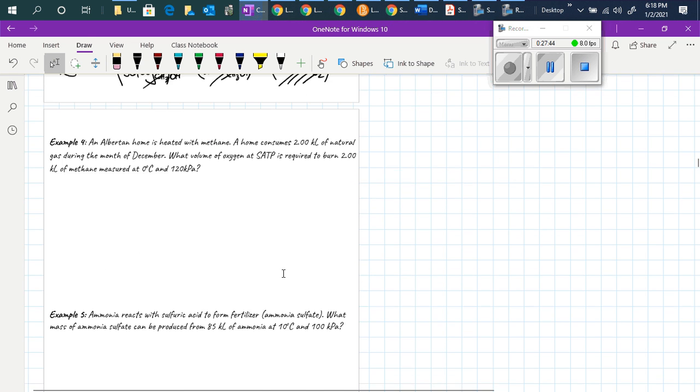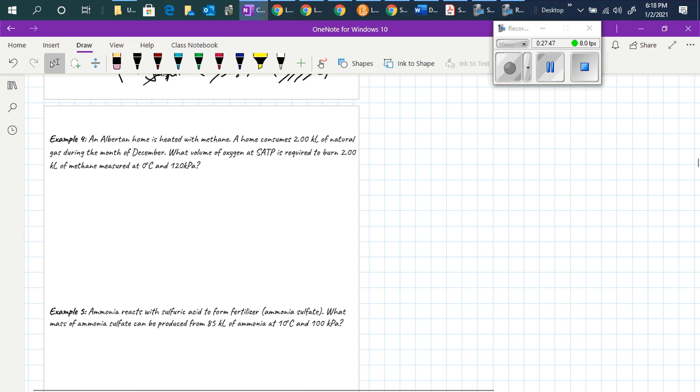Okay. Next example: an Albertan home is heated with methane. A home consumes 2.00 kiloliters of natural gas during the month of December. What volume of oxygen at SATP conditions is required to burn this methane, measured at 0 degrees Celsius and 120 kilopascal?